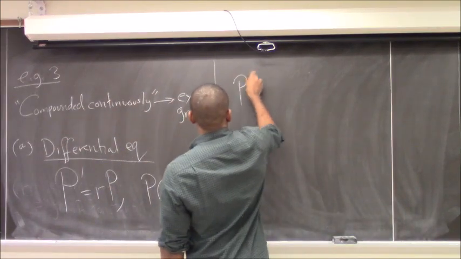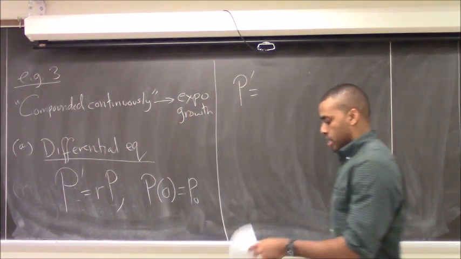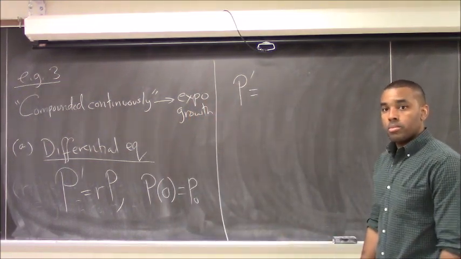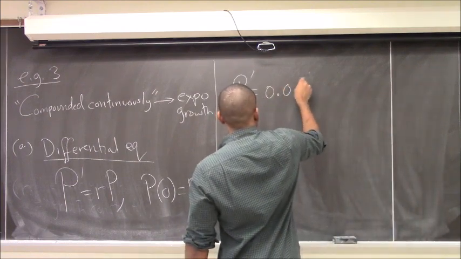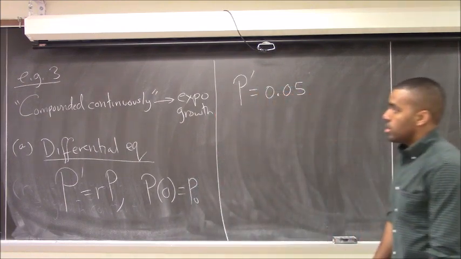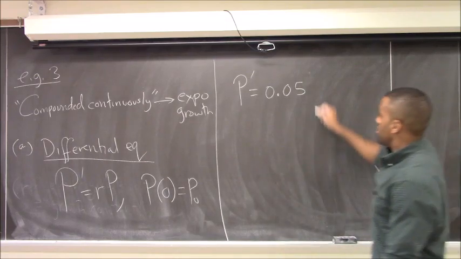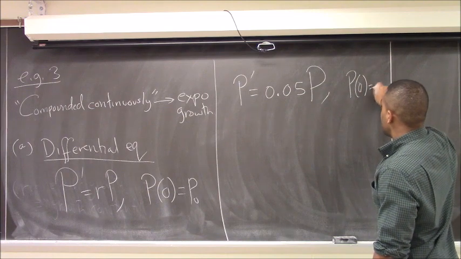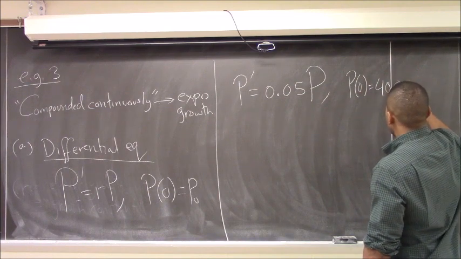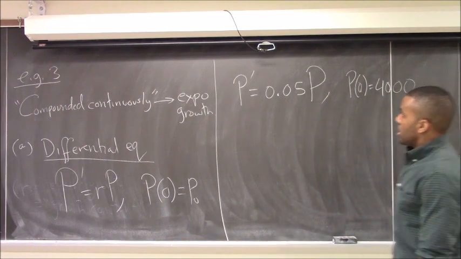So here we have p prime equals, what is r in this case? 0.05. So r is going to represent the percentage as a decimal. So that's 0.05 times P. And the initial condition is at time 0 we have $4,000. So that's your answer.